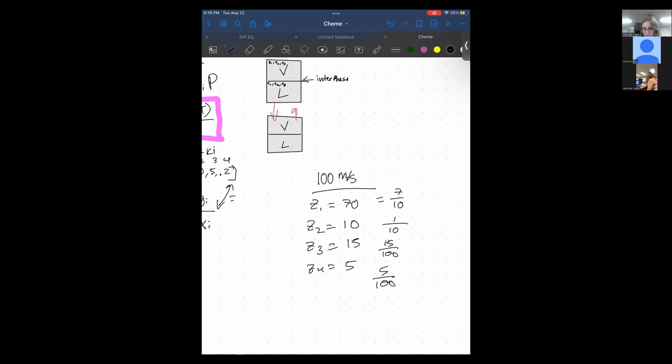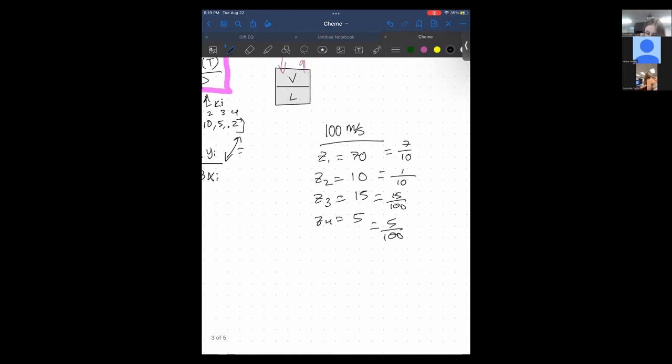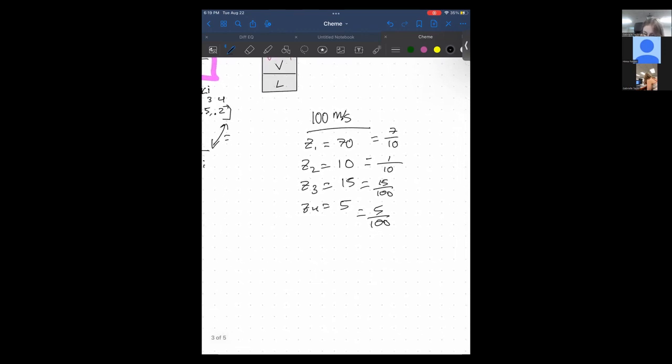So if we add all these up together, you're going to notice that these are going to equal 1. So we can understand that there's a constraint to this, right? If all of these equal 1, then the constraint of our system is that all our mole fractions added up together have to equal 1.